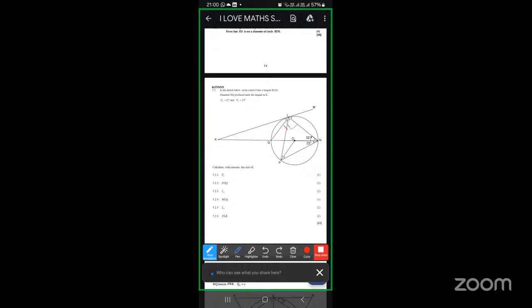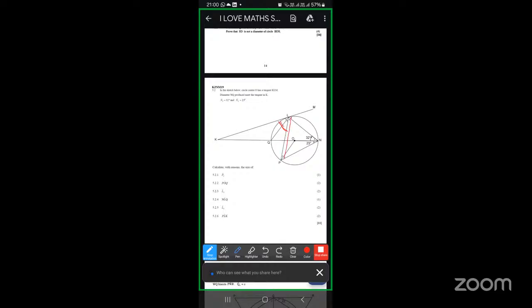Then we can have the last one, 5.2.6, PLK, which is this one right here. We also talked about this when we were talking about the tan chord theorem, saying that this angle here is between the tangent and this chord.